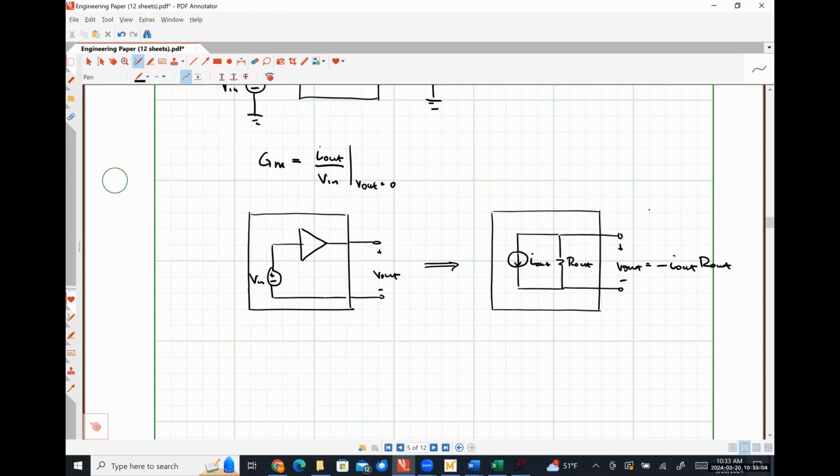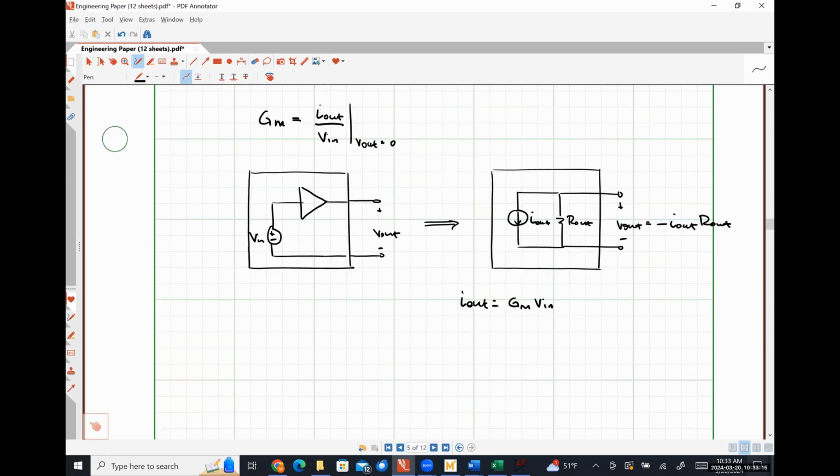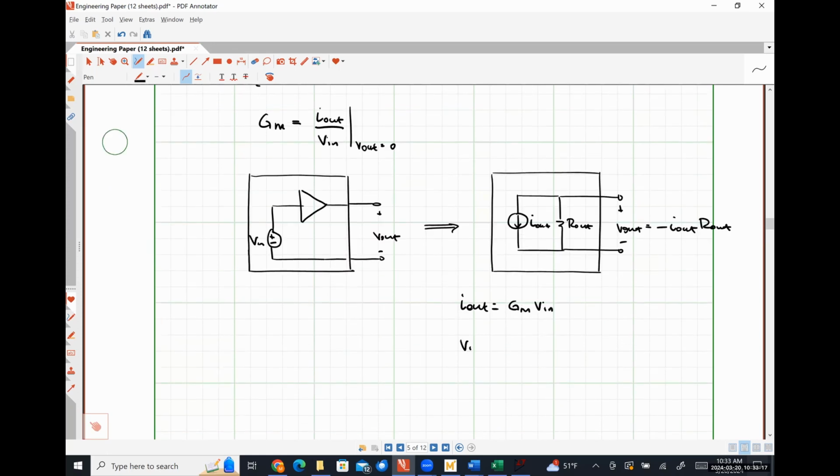Since this current I out is GM V in, then our output voltage V out becomes negative GM R out times V in, and our voltage gain is just negative GM R out.